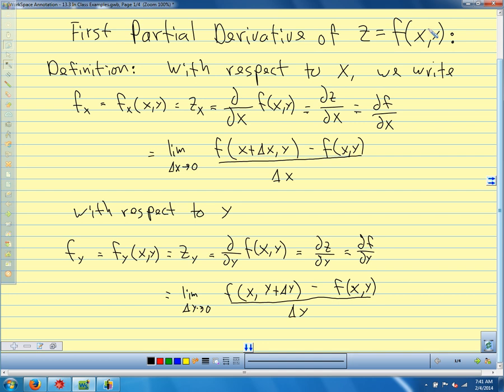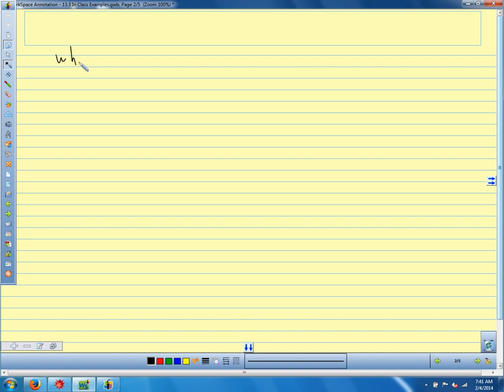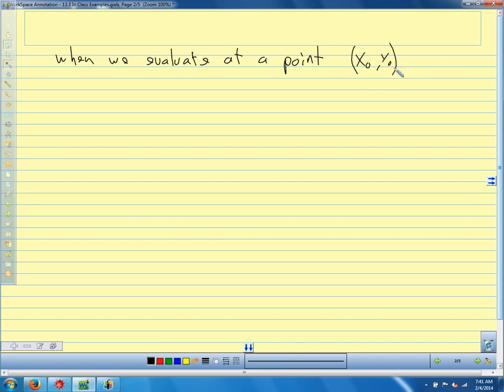So when we evaluate our partial derivatives at a point, our notation, we're going to say point x0, y0. Our notation for evaluating our partial derivative at a point, we're going to write, for example, dz/dx evaluated at x0, y0. So that's what that notation would mean.